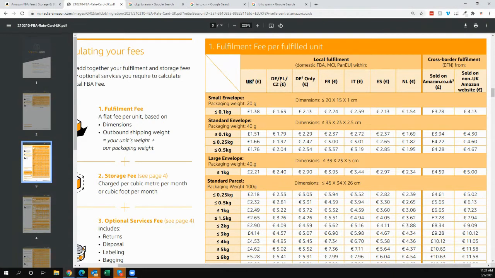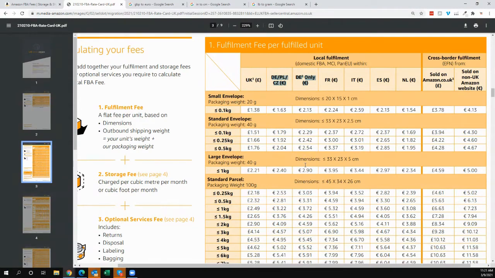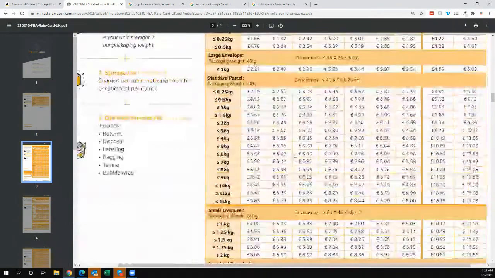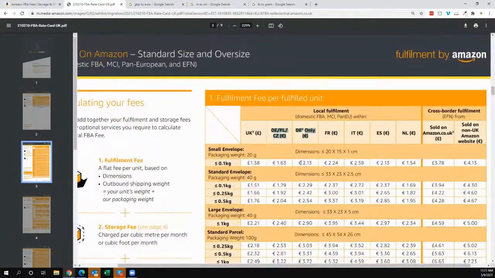Now, if you're in, let's say, Germany, if you come down here, the fine print says this fee reflects an additional charge of 0.46 pounds or 0.5 euros. They add on a little bit extra because you're not in one of these other programs where you're storing elsewhere.